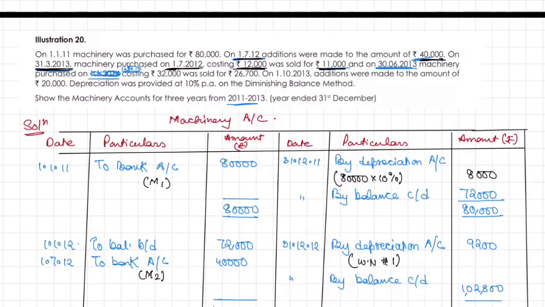So what actually is happening? On 30th of June 2013, a machinery purchased on 1st of May 2013, costing 32,000, was sold for 26,700. Okay, we have made it into our figures.